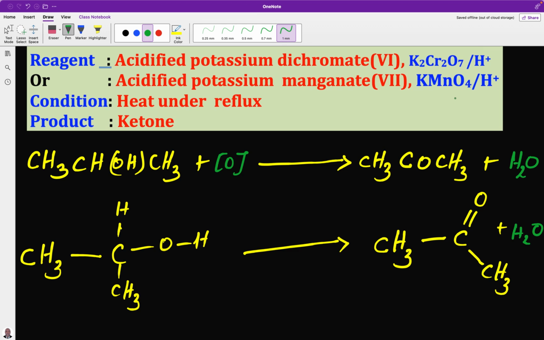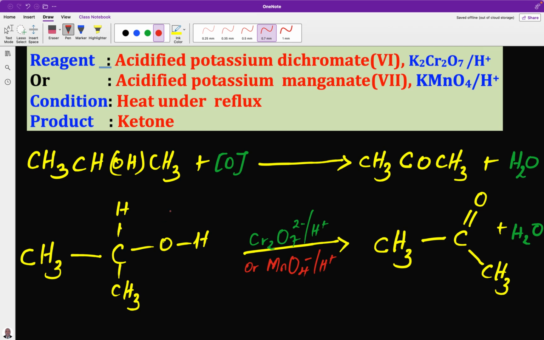But in that case, what is happening? We have acidified potassium dichromate, or you could use acidified potassium manganate 7.